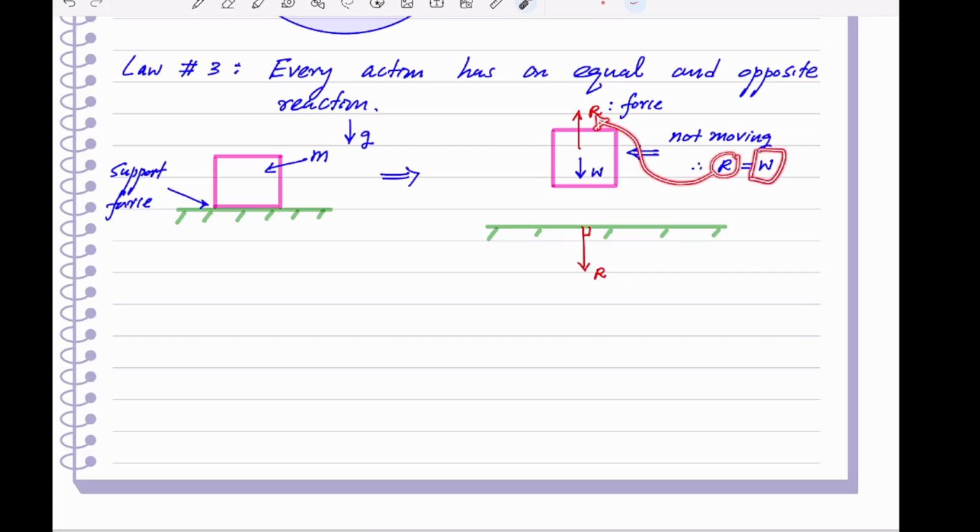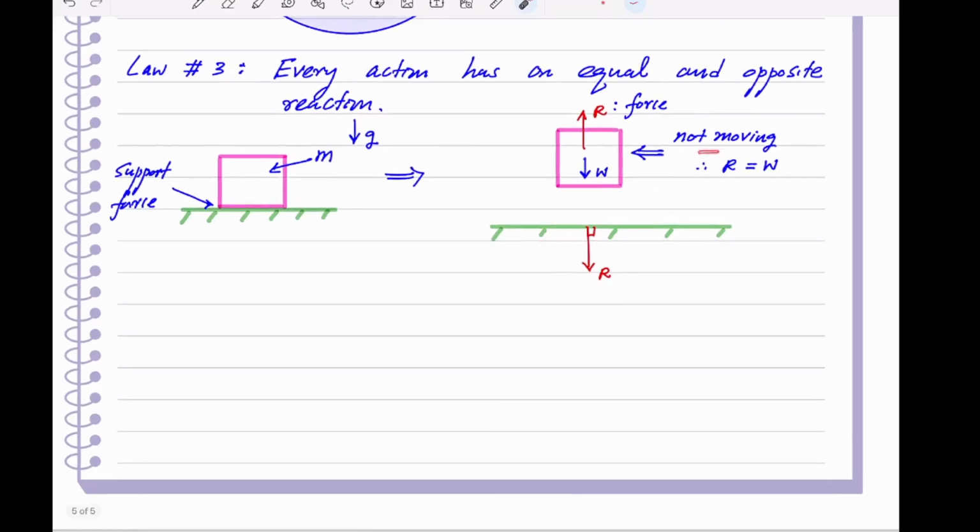This W is nothing but this. So force equilibrium is used on this object. The same R is appearing here as well as here, so these are also W. That's how we say that R is equal to W when the system is at equilibrium.